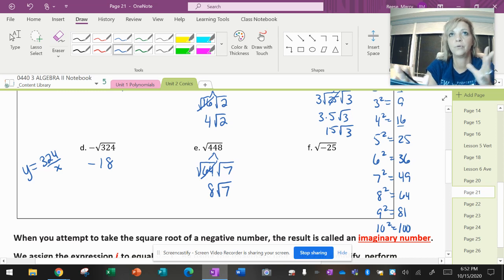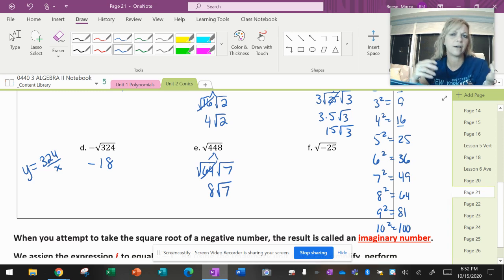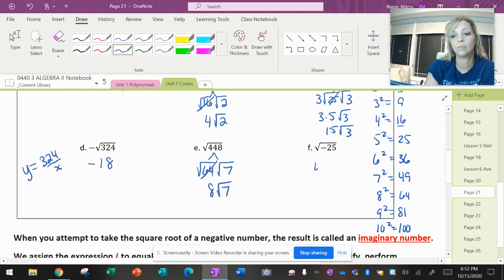You've seen it before, we've always said that you can't square root a negative because the square root of a number is a number times itself. And the only way you can have a negative is if you have a negative 5 times a positive 5, right? And that's not a number times itself. They're two totally different numbers. So what we do is when we have a negative underneath the square root, we take out what we call the negative, and we put on the outside an I, which is an imaginary number.